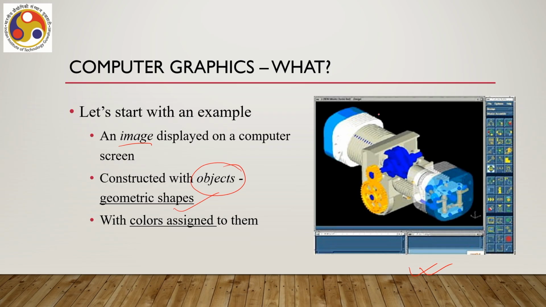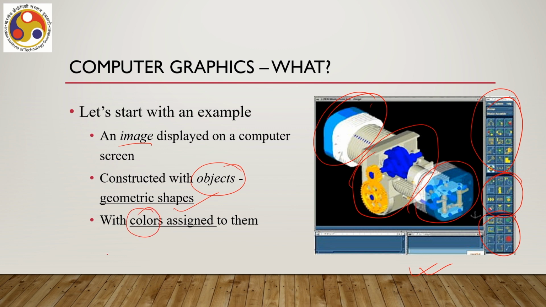Now, here the term object means objects which are part of this particular item as well as objects that are part of the interface, say these menus and icons. All these are also objects.